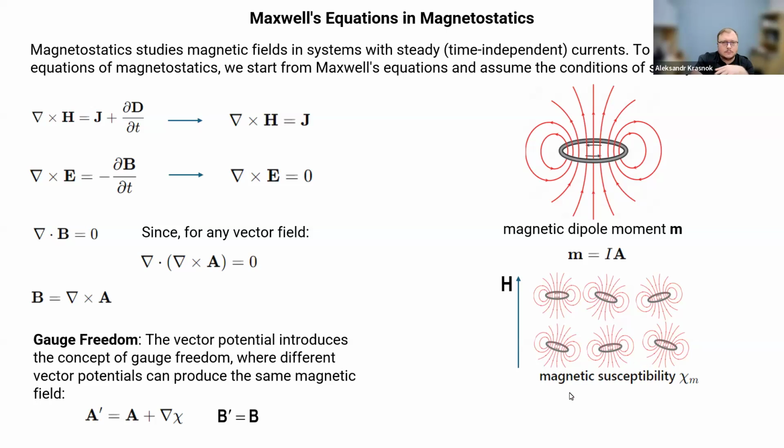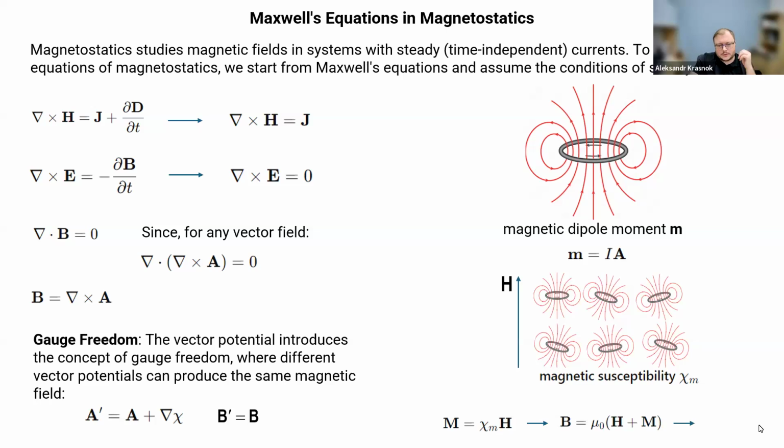Okay, or magnetic polarizability, which is basically the same thing. So our material can be magnetically polarized, right? And this magnetic polarization changes the field through the induced magnetization. Okay, so this quantity M is the magnetization.